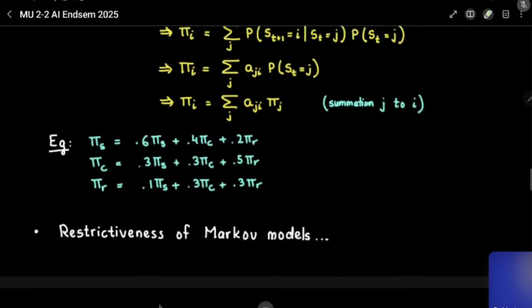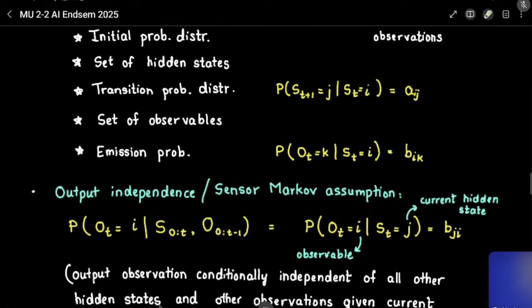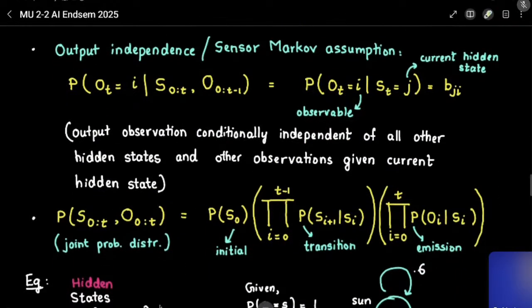In a hidden Markov model, you go one step further because it's not just hidden states, you also have observations. So the probability of state 0, state 1, state 2, and so on, along with observation 0, observation 1, 2, 3, 4 till observation t, is given by the probability of state 1 times the product of all the transition probabilities and the product of all the emission probabilities.